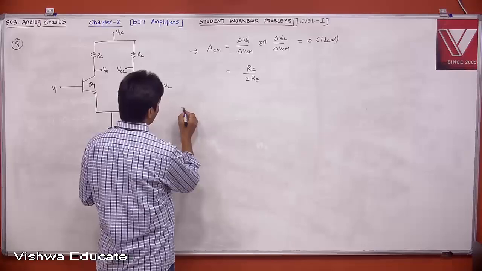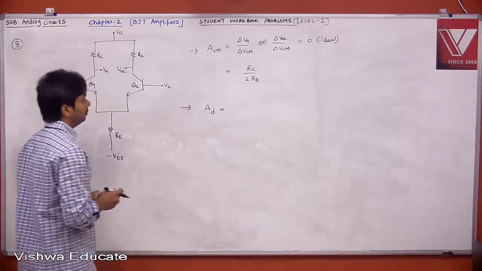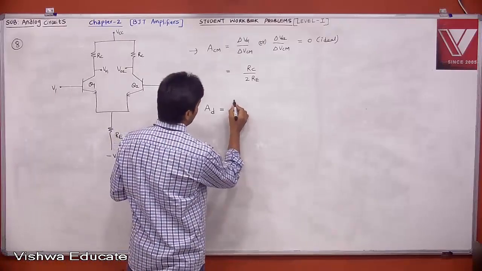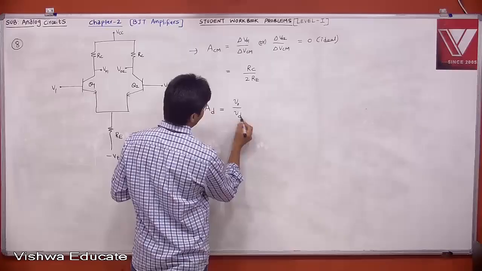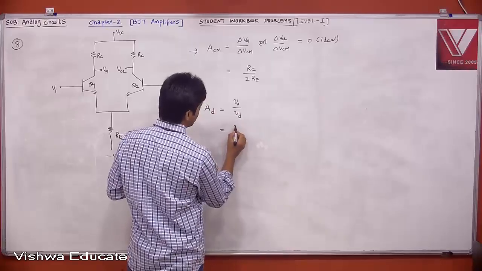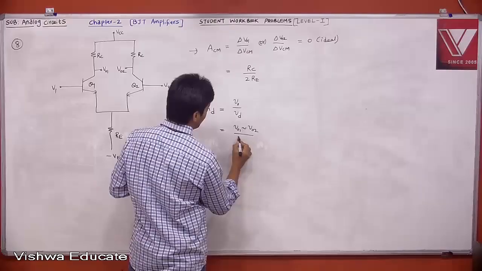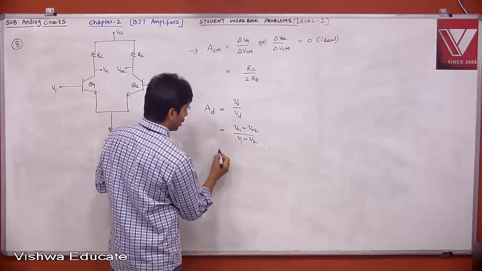Okay, now number 2, what is differential gain? Definition: change in output voltage V0 divided by Vd. What is V0? V01 minus V02, divided by V1 minus V2, which we already got, you remember.